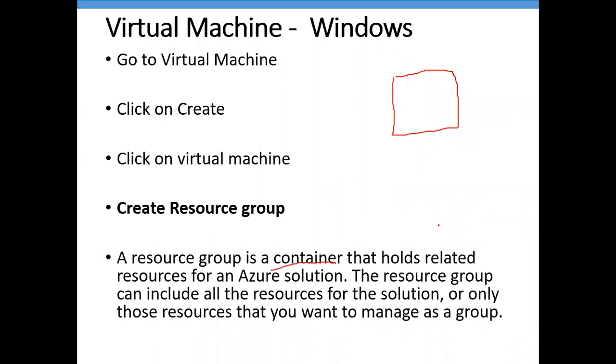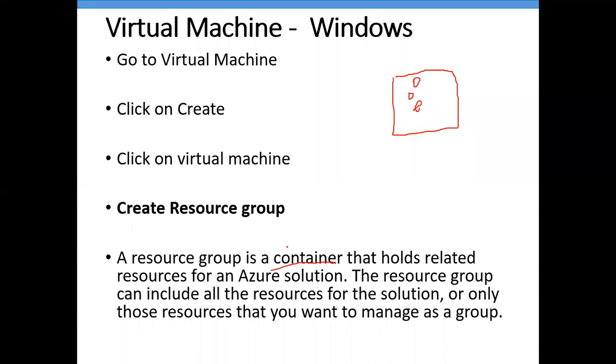Under this container, we put all the resources we want, whether a database, a virtual machine, virtual networks, or any service we create in upcoming sessions. There are two mandatory things required: the subscription and the resource group. Without these two things, we are not able to create our resources.